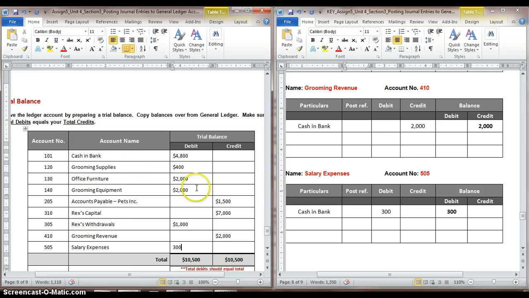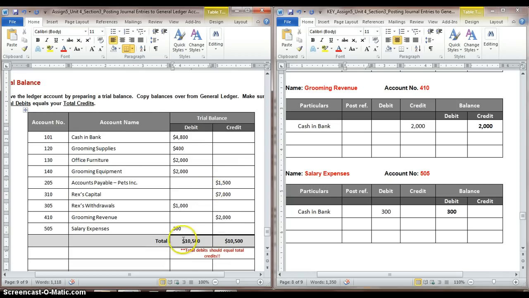Okay, so let's add them up to make sure we're at our $10,500 amount. That's our goal. You're welcome again for giving you our ending balance amounts, because that's what throws you off a lot. So we have 4,800 plus 400 equals 5,200, plus 2,000 puts us at 7,200, plus another 2,000 puts us at 9,200, plus 1,000 puts us at 10,200, plus another 300 puts us at 10,500.